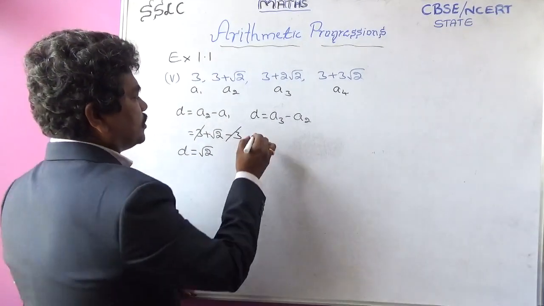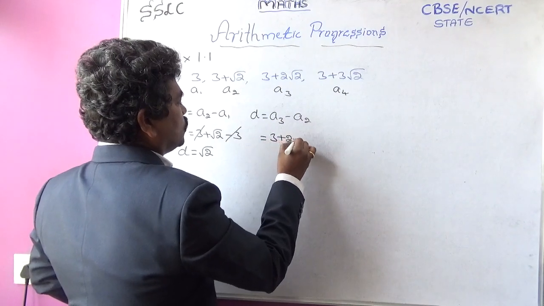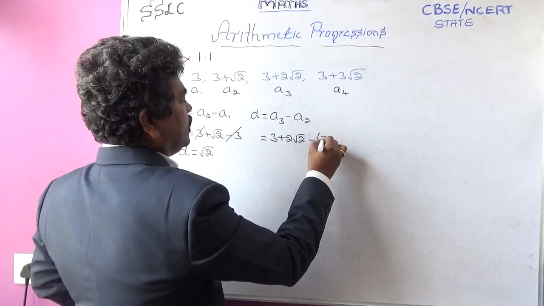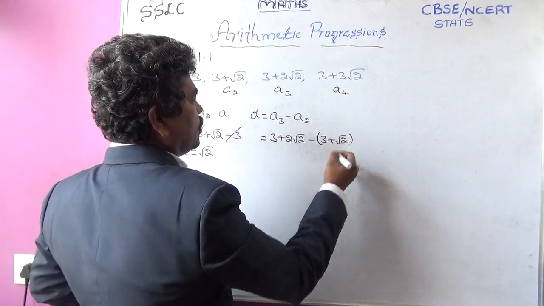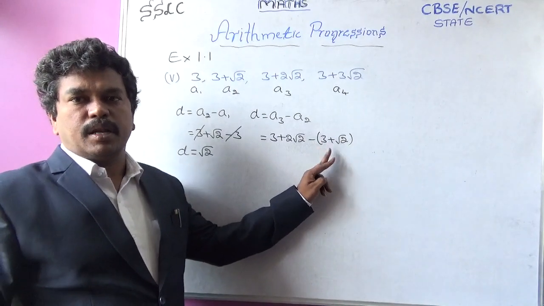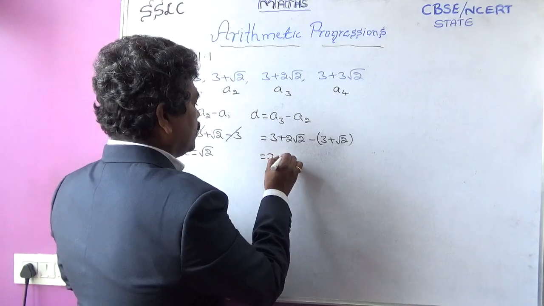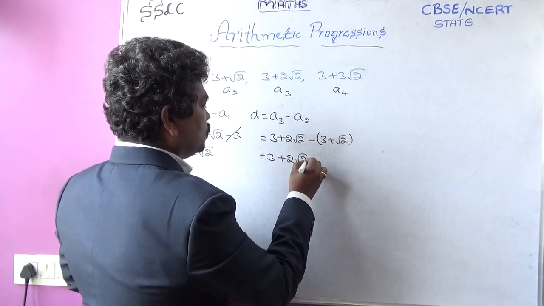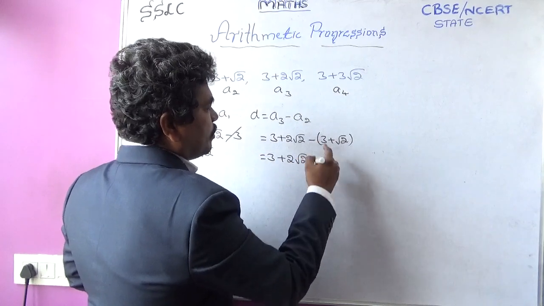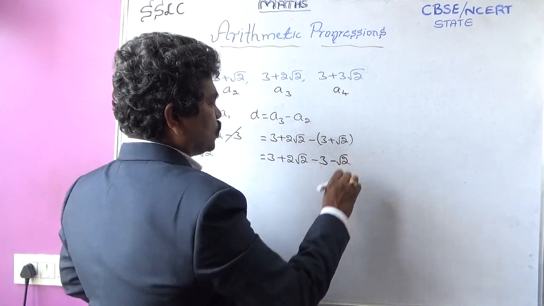Here also we have to substitute the values. A3 is 3 plus 2 root 2 minus A2 is 3 plus root 2. We have to write it in a bracket because it is a minus symbol. This minus symbol applies for both the terms. So therefore 3 plus 2 root 2 minus, you have to multiply this minus for both the terms: minus into plus 3 is minus 3, minus into plus root 2 is minus root 2.